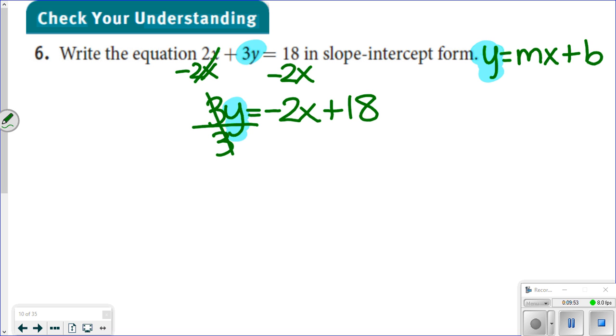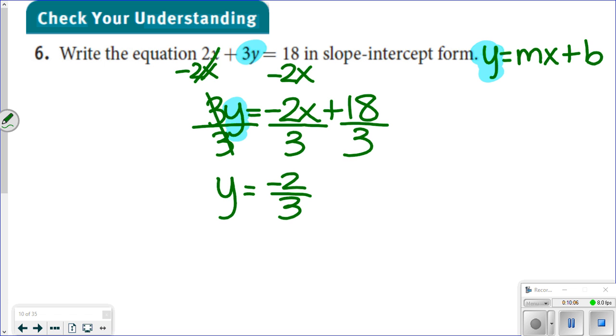So the opposite of multiplying by 3 is to divide by 3. Over here, divide by 3, divide by 3. y equals negative 2/3 doesn't reduce or simplify, so leave it as a fraction. And what is 18 divided by 3? 6.